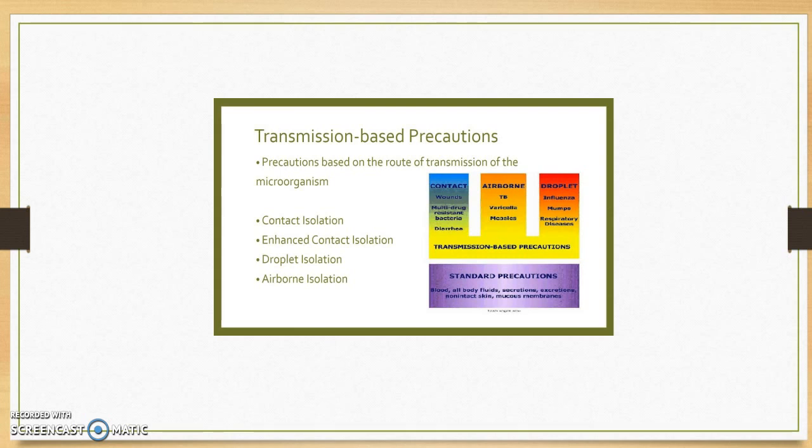Contact isolation. Use contact precautions for patients with known or suspected infection that present an increased risk of contact transmission. May mga guidelines na pinapatupad upang masunod ang contact isolation.